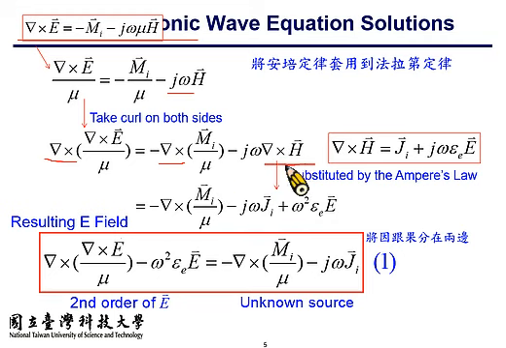Alright, so after taking the curl on both sides on everything, you find that the very last term is the curl of H, so that you can substitute the Ampere-Circuital law into this term.